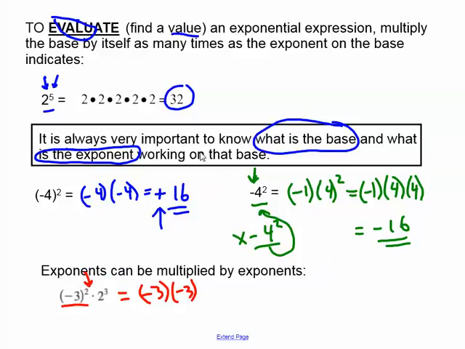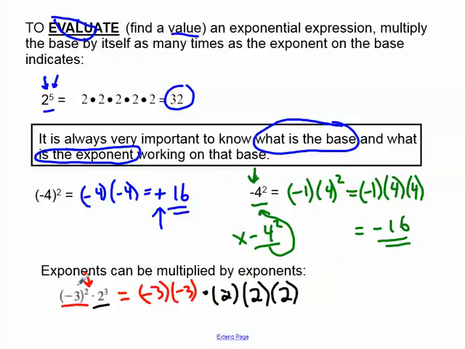Next, that little dot means multiply by 2 cubed. The base is 2 and the exponent is 3, so I'm multiplying 2 by itself 3 times. It's hard to write sometimes when you're talking at the same time.